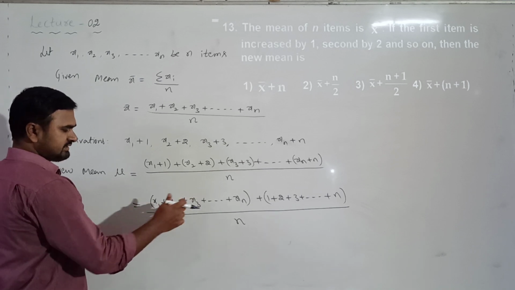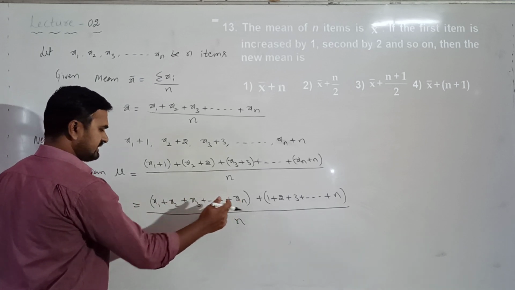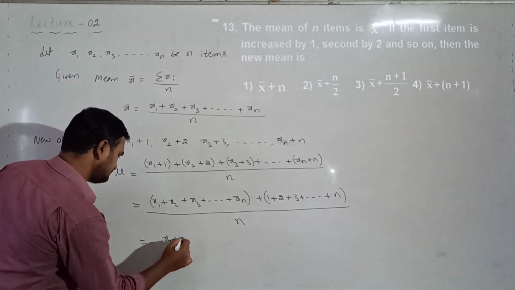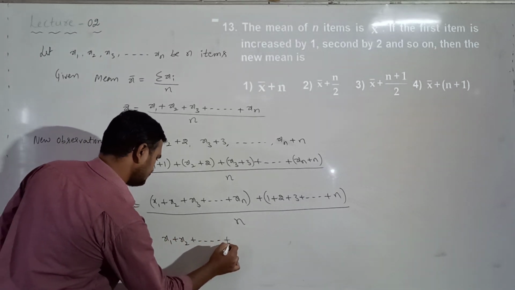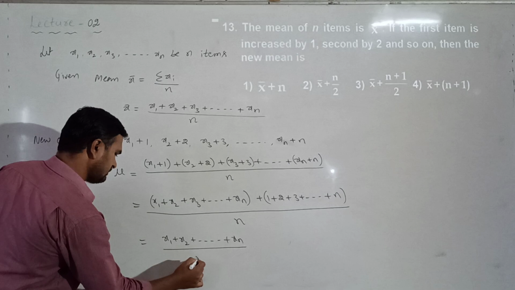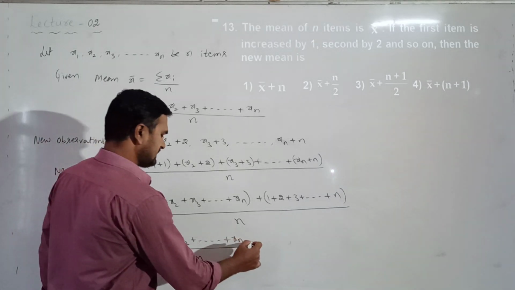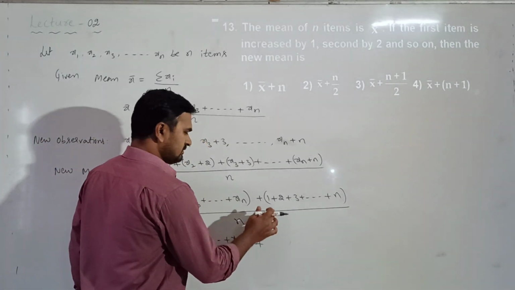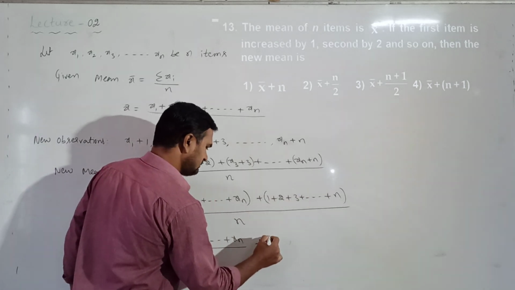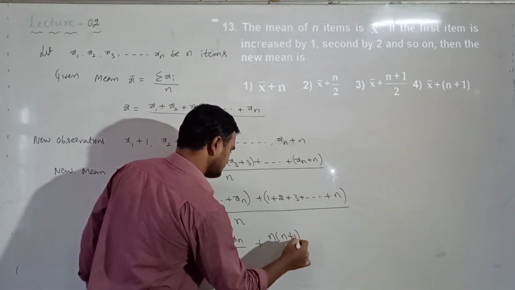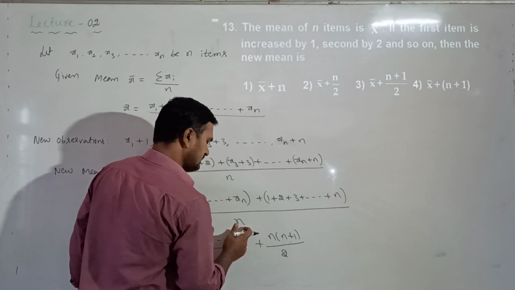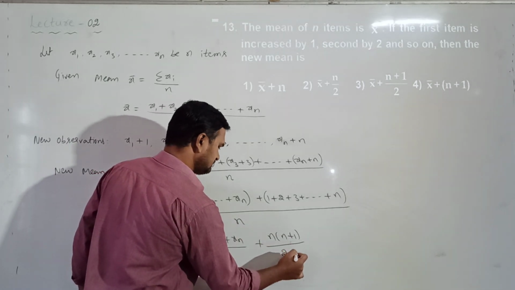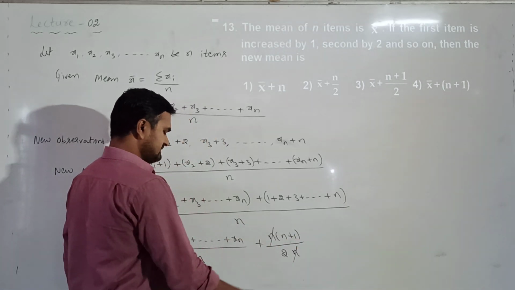Now let us divide separately. x1 plus x2 up to xn divided by n, plus 1 plus 2 plus up to n divided by n. We know 1 plus 2 plus up to n is n into n plus 1 by 2. So here n will get cancelled.